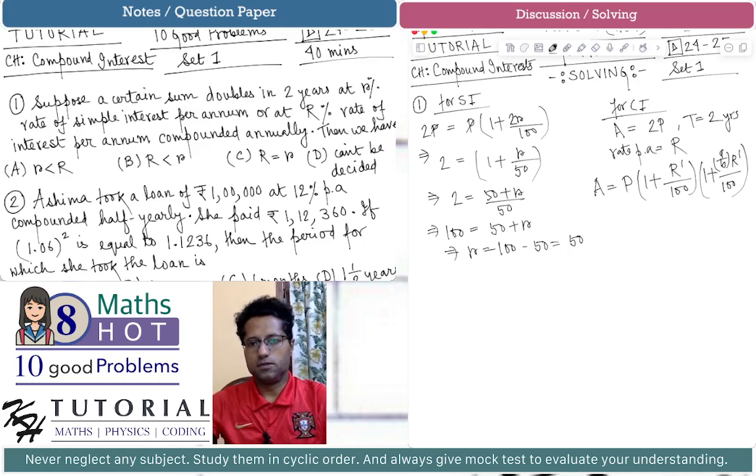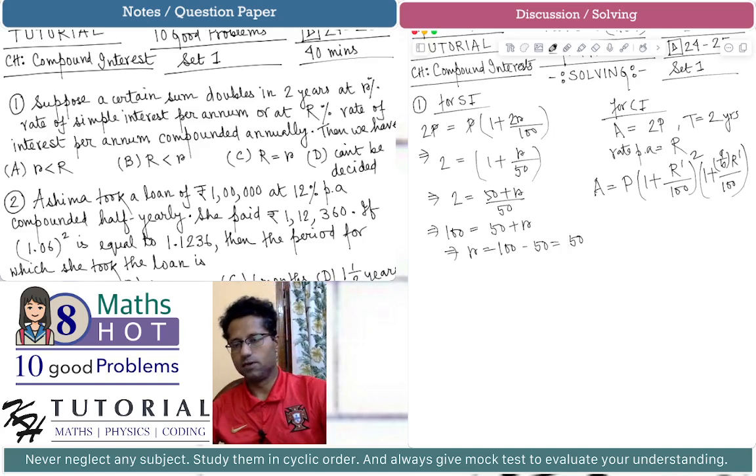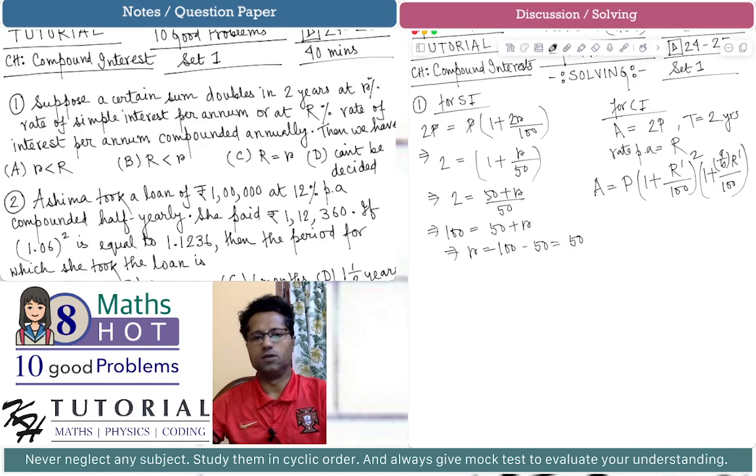Now you can obviously use the special cases of the formula, that is the formula for finding the amount when the interest is compounded annually.